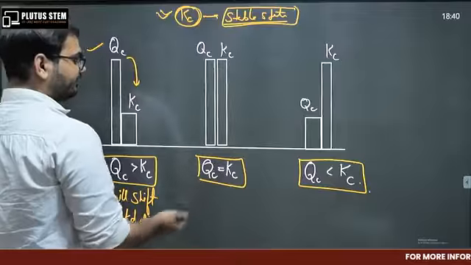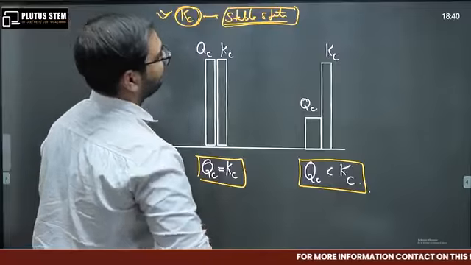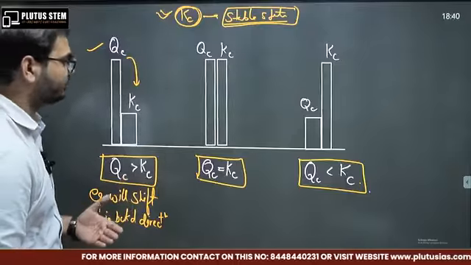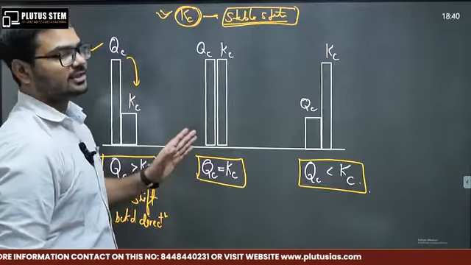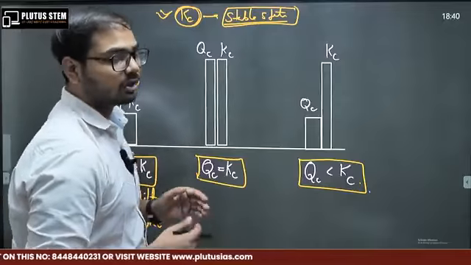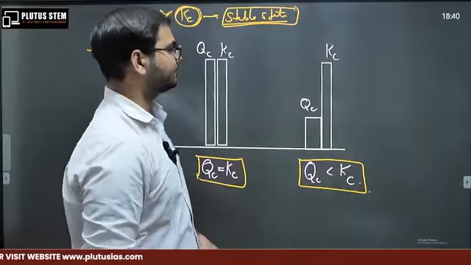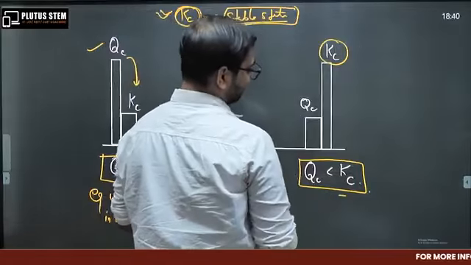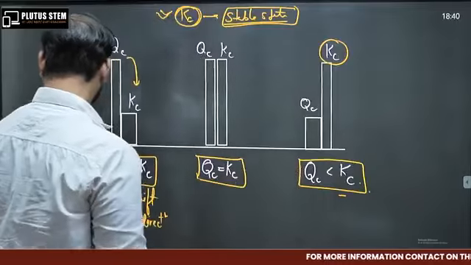Now, the point where QC becomes equal to Kc means the reaction is at equilibrium, because there is no specified direction in which it wants to move, since the concentrations are balanced and the system is already in its optimal state.